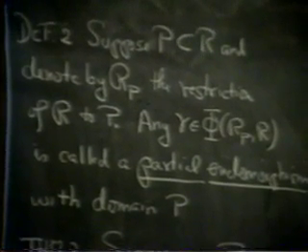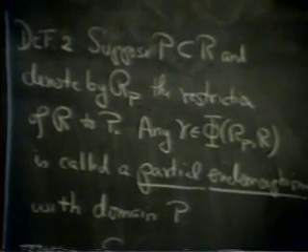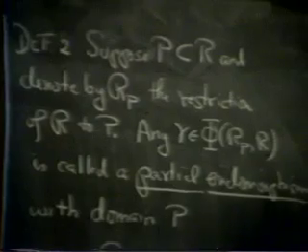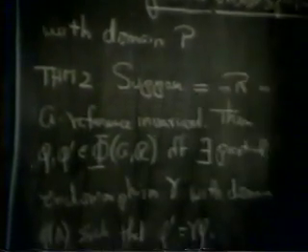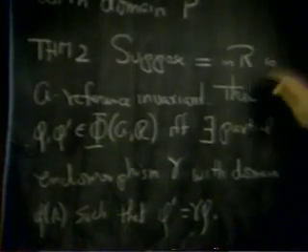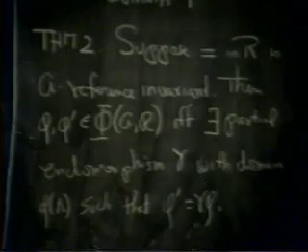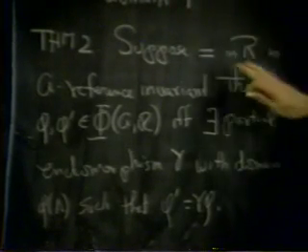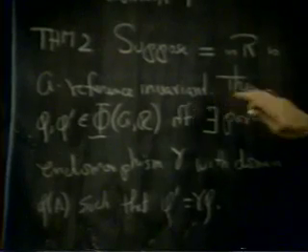And the reason that we're interested in that concept of partial endomorphism is embodied in the second theorem. There's a slight supposition here that the notion of equality in R is reference invariant. If that is not the case, we're going to be in a lot of trouble. Things get very messy. So I'm going to assume that that is reference invariant.